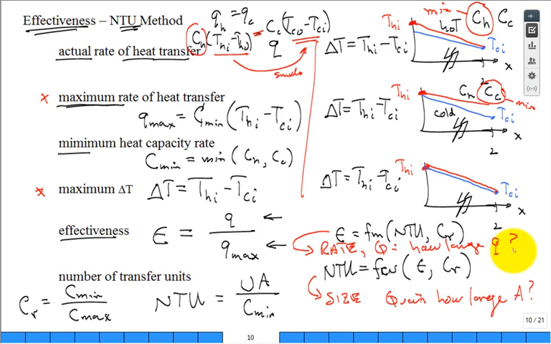Not how large the area needs to be, that's sizing the heat exchanger. How large is the Q? What is the rate of the heat exchanger? Those are the two basic questions in heat exchanger analysis. Pretty easy, isn't it? It's just getting these relationships of the effectiveness as a function of NTU and ratio of heat capacity rates, or the size NTU as a function of effectiveness and heat capacity rate.